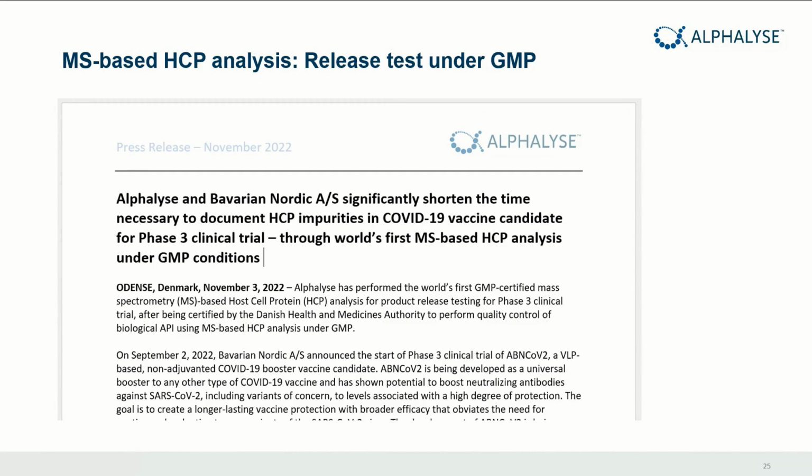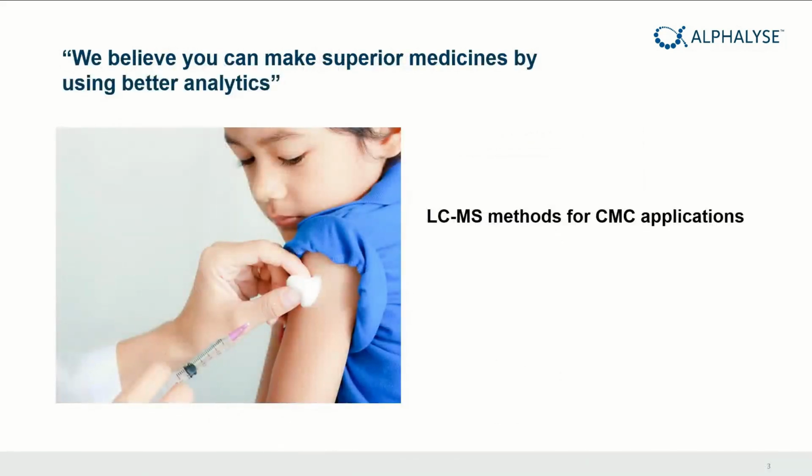So how could we do this? I'll share some more details on this. But first, I'll give a little bit more background. So as a CRO, we here at ELISA believe that you can make superior medicines by using better analytics. And the analytics that we have at hand here are mainly LCMS methods, and we have developed them and optimized them for different CMC applications.